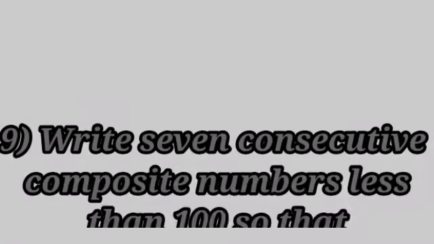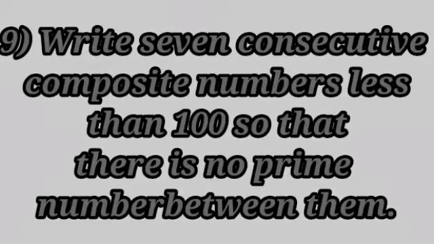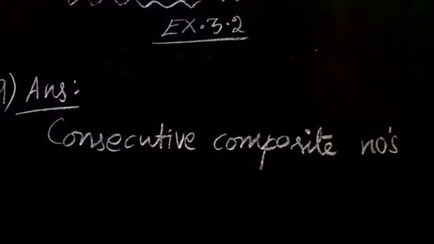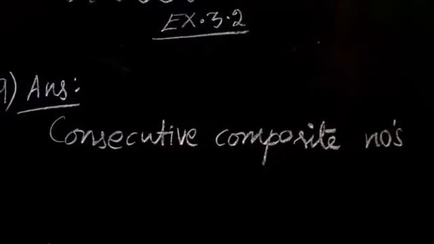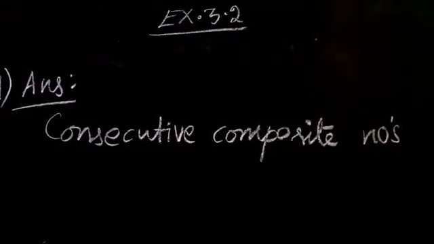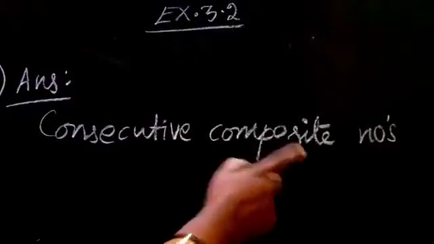The 9th question is, write 7 consecutive composite numbers less than 100 so that there are no prime numbers between them. Composite number means without prime number. You know what a prime number is? A prime number will come in the same table only one time. Other than that, all the numbers are called composite numbers.